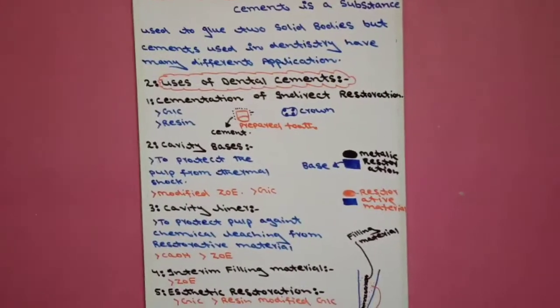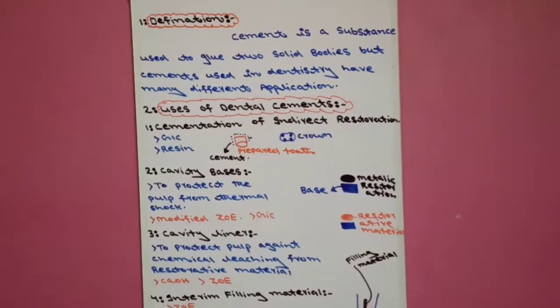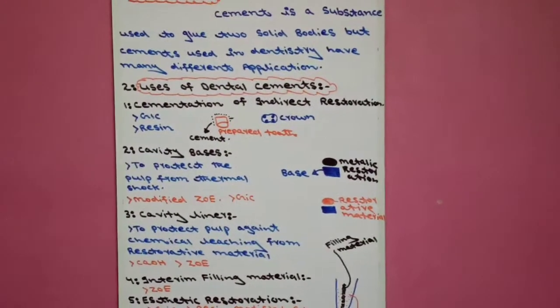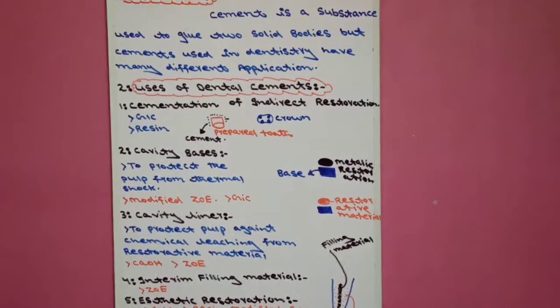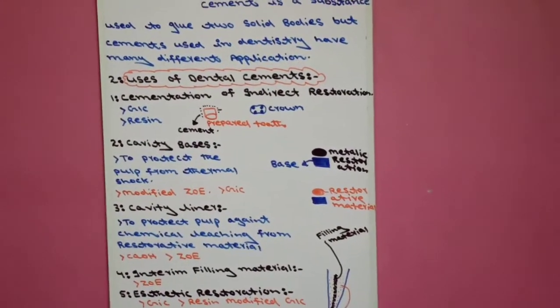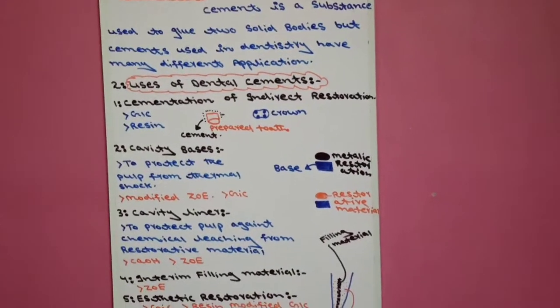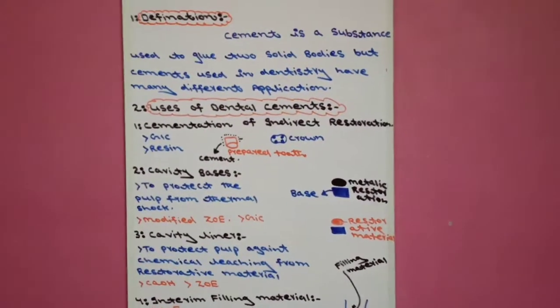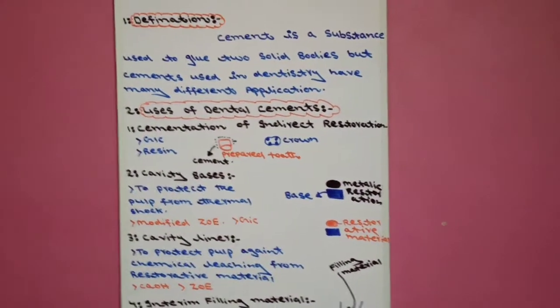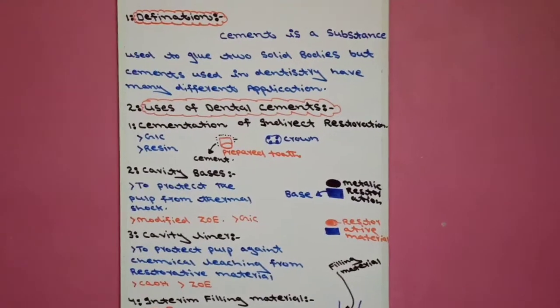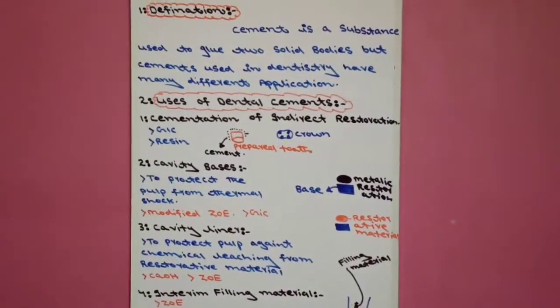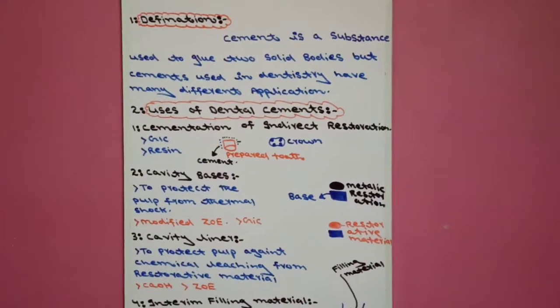When our tooth structure is lost, we try to restore the lost tooth structure by filling the tooth, by constructing a crown which covers the tooth, or by restoring the tooth with a bridge.